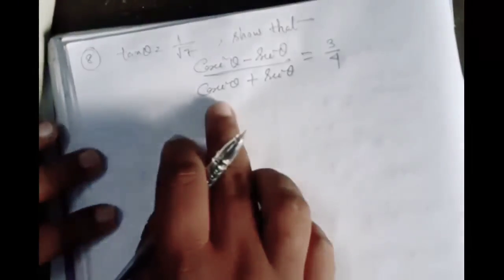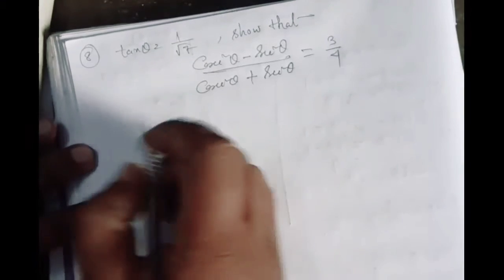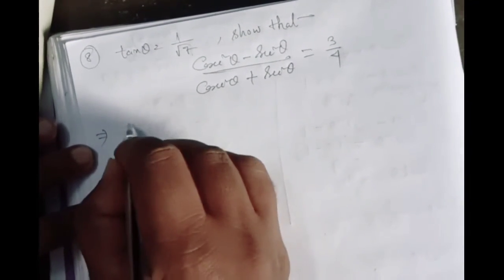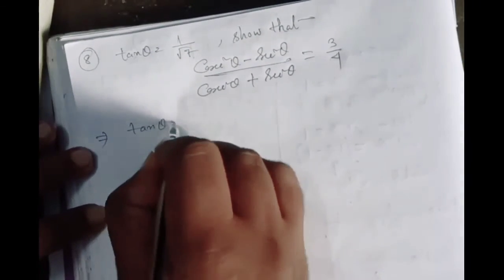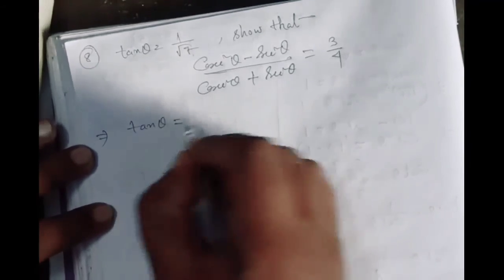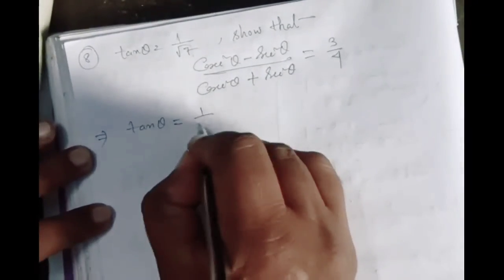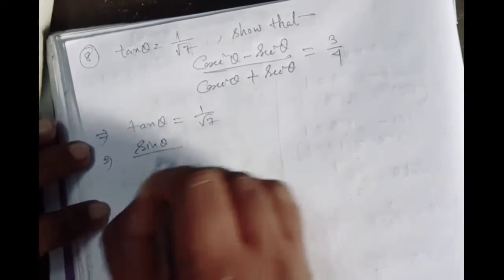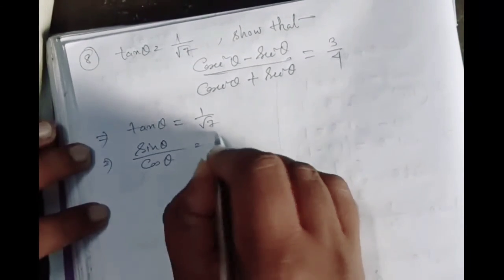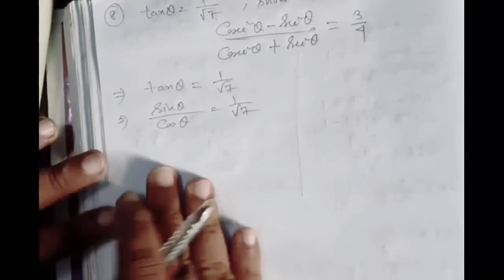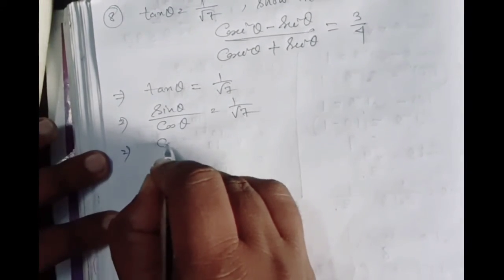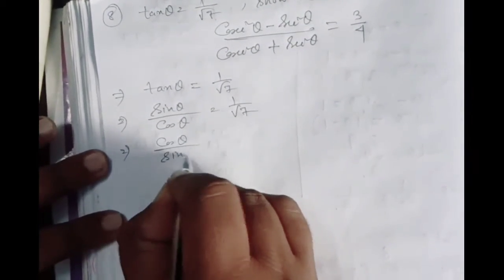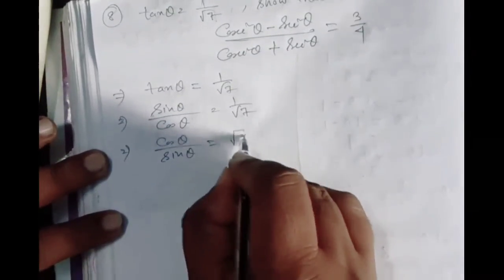That is what we have to show. Now tan theta is given, so tan theta equals 1 by root 7. That means sin theta by cos theta is equal to 1 by root 7. That means cos theta by sin theta is equal to root 7.